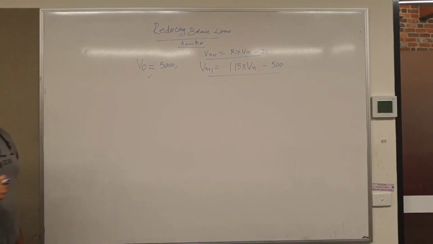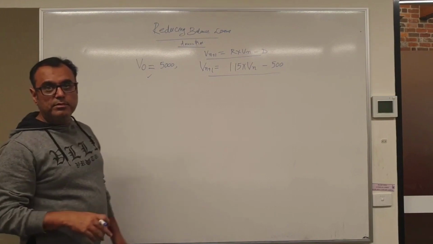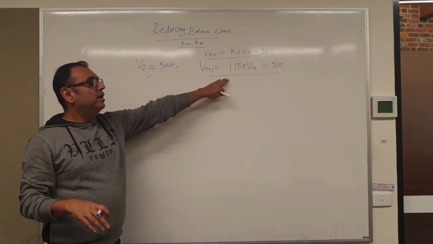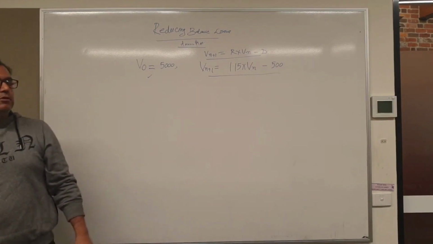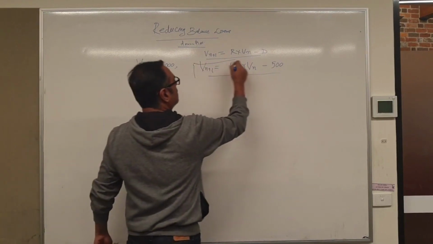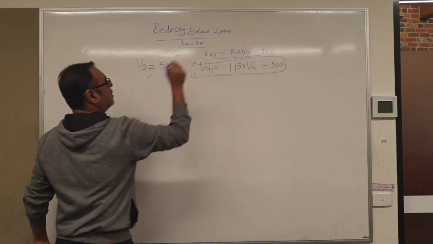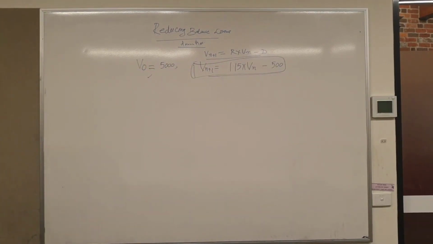What is the rate of interest? And Michelle, you will validate it. What is the rate of interest here per annum? If you look here, what's the rate of interest? 15%. 15%, very good.